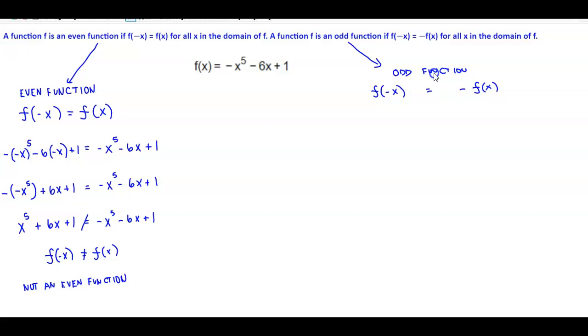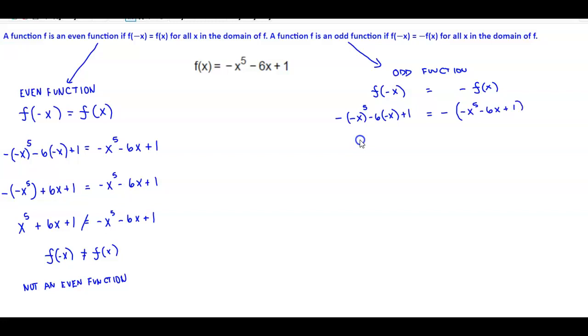So f of negative x means, again, we have negative x as the input: negative x to the fifth power minus 6 times negative x plus 1. And then that's going to equal negative times the function negative x to the fifth minus 6x plus 1.